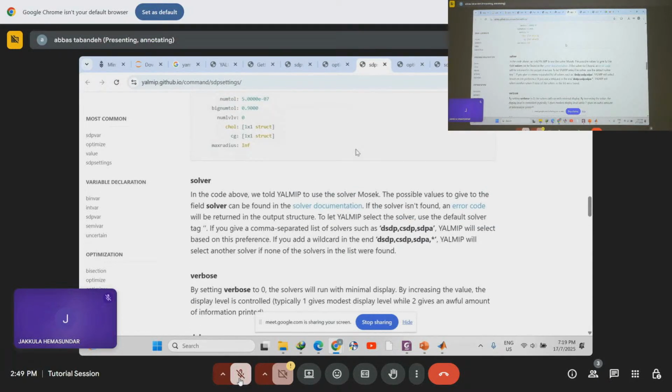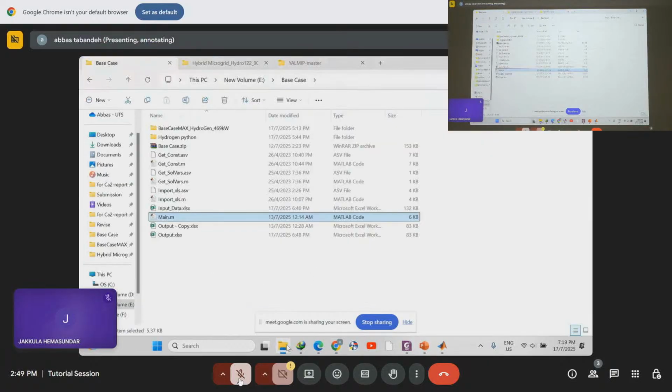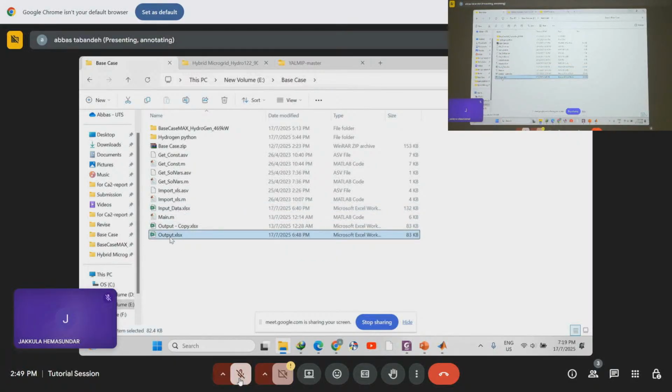So if we get back to the modeling here, there is a folder that incorporates several MATLAB files, as well as one input data sheet, which is prepared. Our input data is prepared in Excel, and we need an output file. Again, we need to prepare our results in Excel sheets.